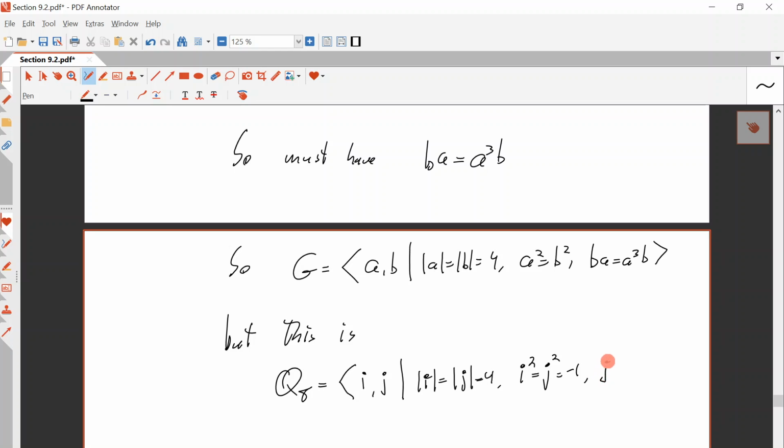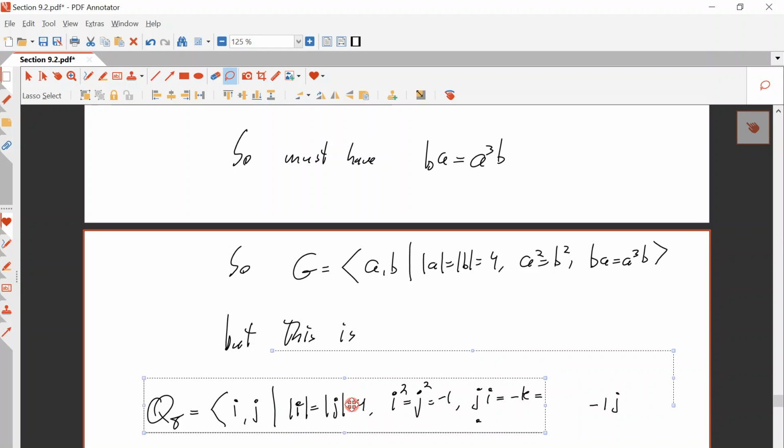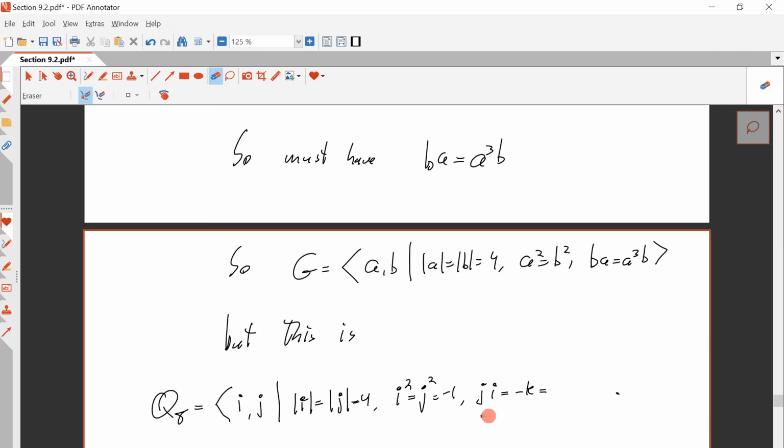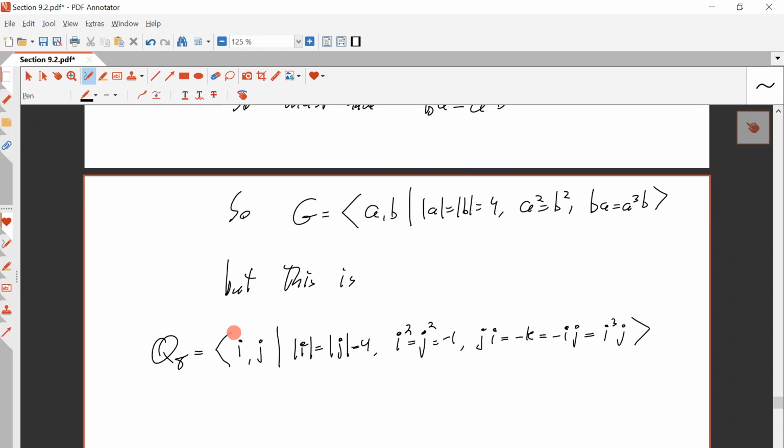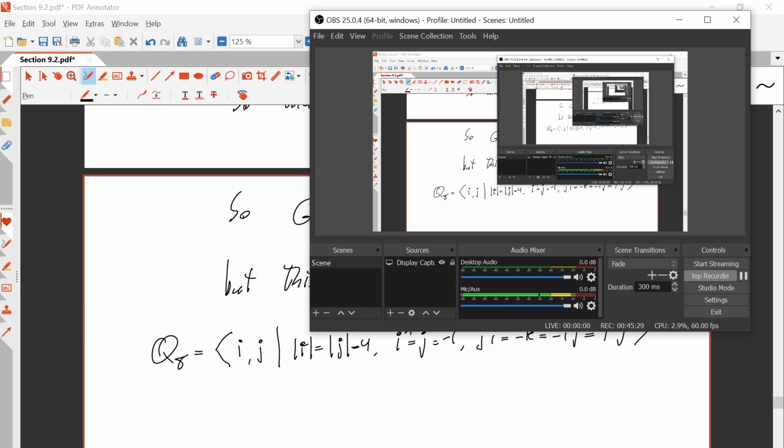And ji is minus k, which is equal to minus ij, because i times j is equal to k. Minus ij, but i to the third is minus i, since i squared is minus 1. So this group is the quaternion group of order 8.